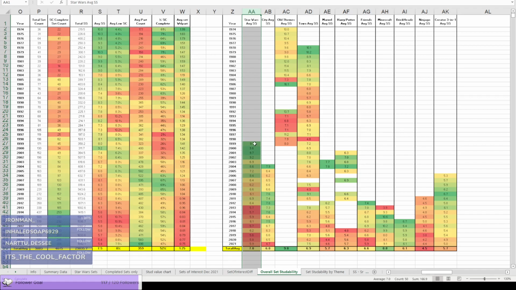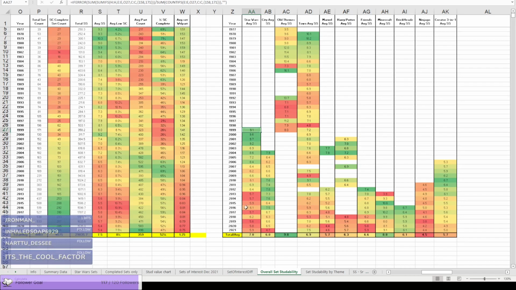Back in 1999, studability of 9.1 for sets. And look at this. Boop! Down to 5.8, 5.9, 5.6. Clearly, Lego has made that determination to reduce the number of studs in Star Wars sets, very clearly. Almost half as many as when they started.